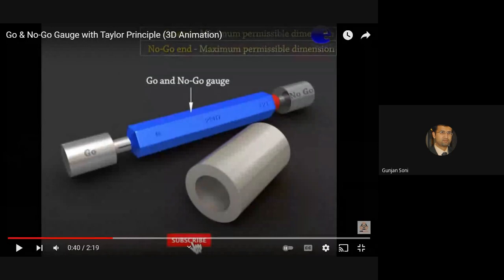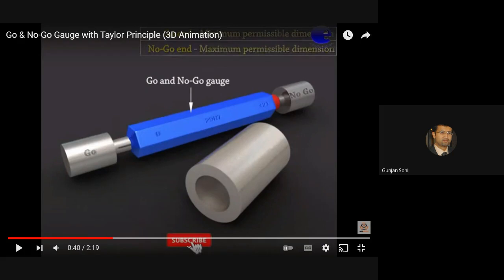I'll use it as a plug and insert it in the hole which I produced. If the no-go side does not go inside, what does it mean? That the size of the hole is smaller than the no go size.